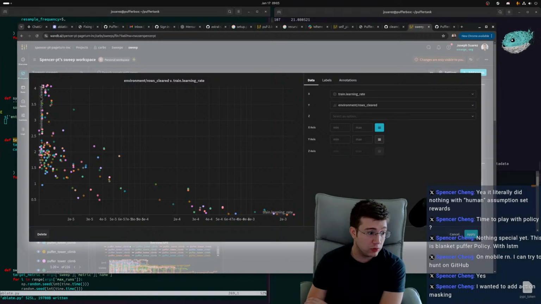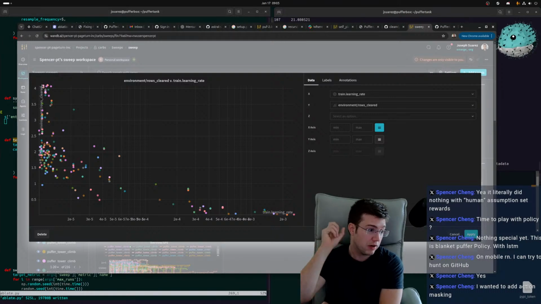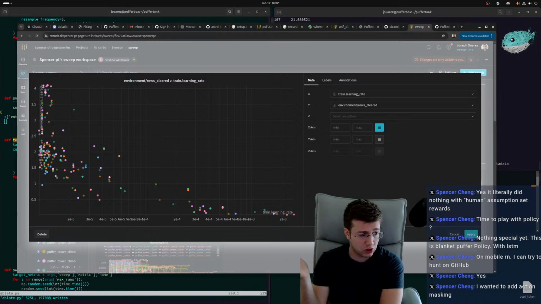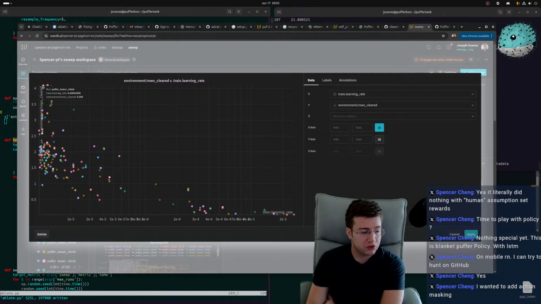So what you can do in your sweep configuration, and you might have to go grab my ablation branch to get the new configuration to make this easier, or it might work in the old one, I don't know, is restrict your learning rate sweep to a generous bound in this region.